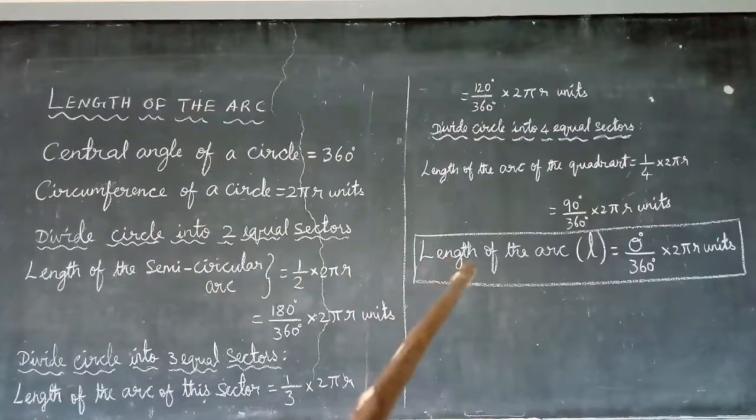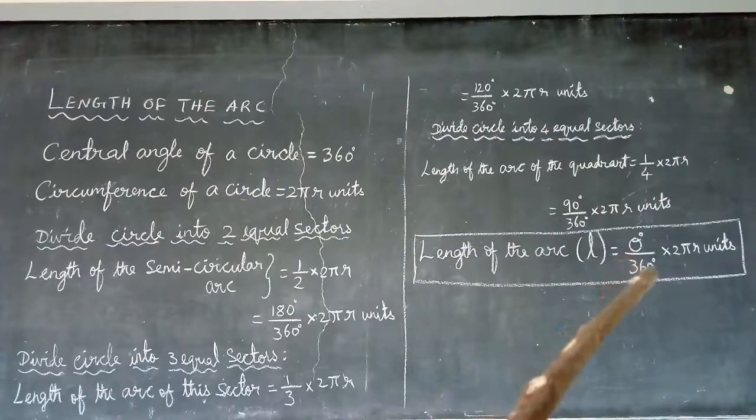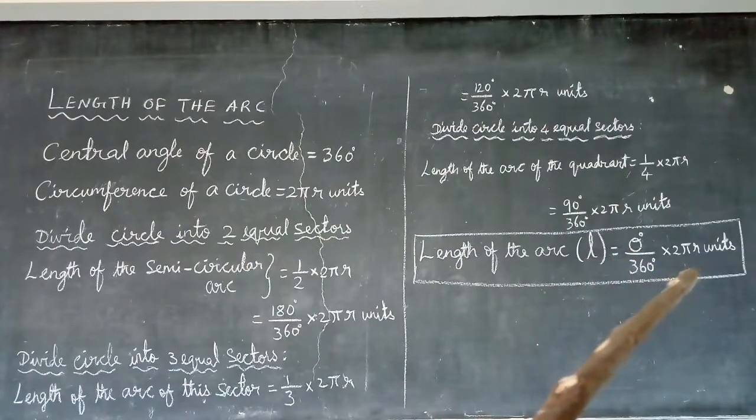The length of the arc is denoted by small l, and it is theta by 360 into 2 pi r. If you calculate this, we will get the length of the arc of the given sector.